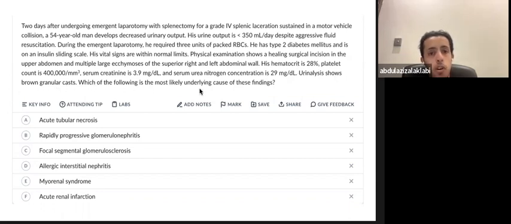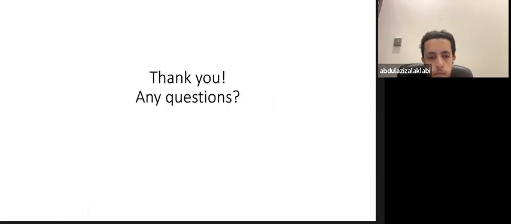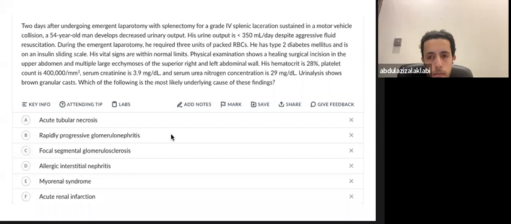Which of the following is the most likely underlying cause of these findings? Does anyone want to answer? So someone put F, acute renal infarction.